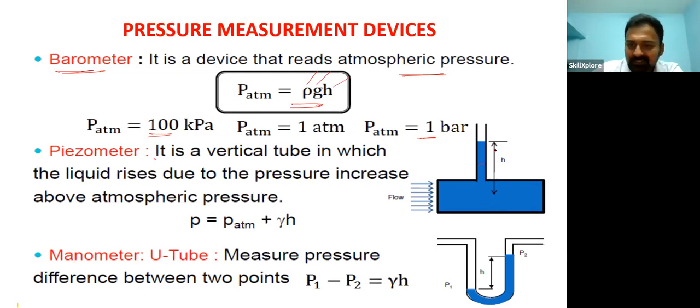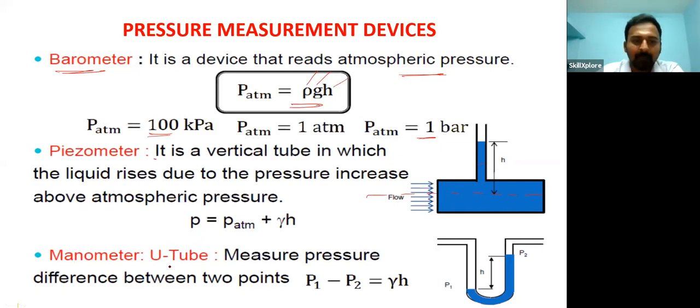This is called the head, and this h is measured from the middle of the pipe. That will give the exact pressure value, how much pressure this flowing fluid has. So the piezometer is used to calculate the pressure in a flowing fluid in a closed chamber or a closed tunnel.